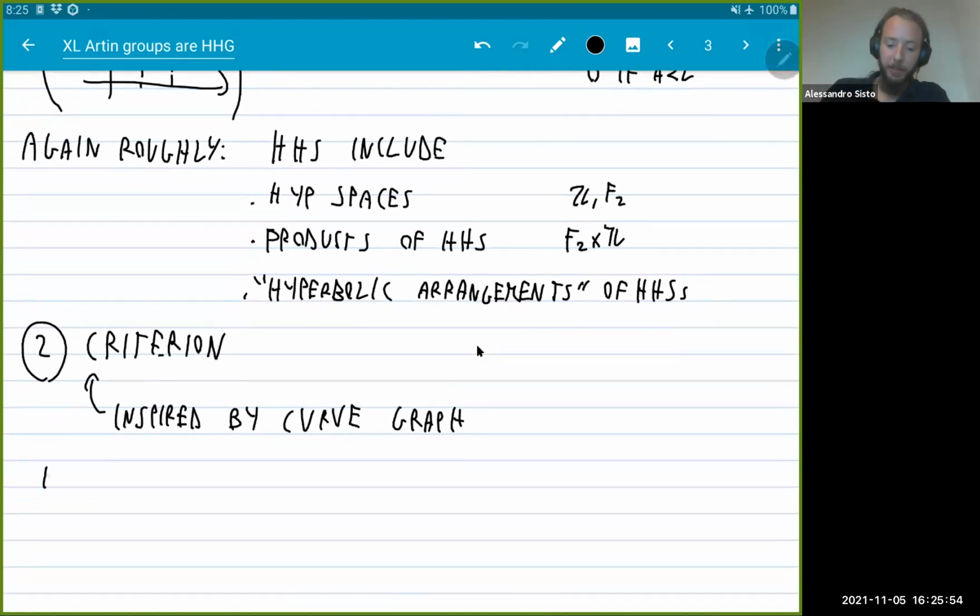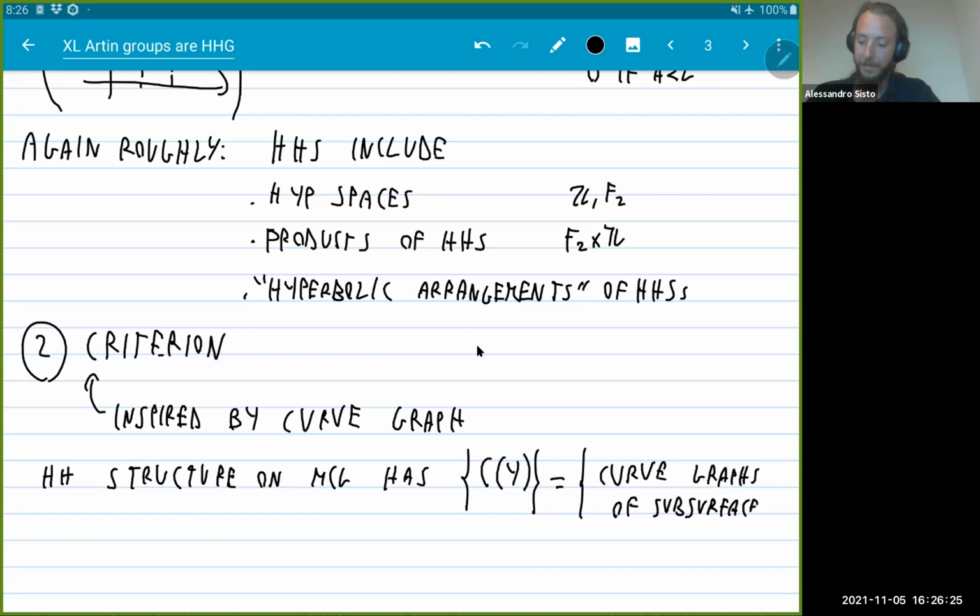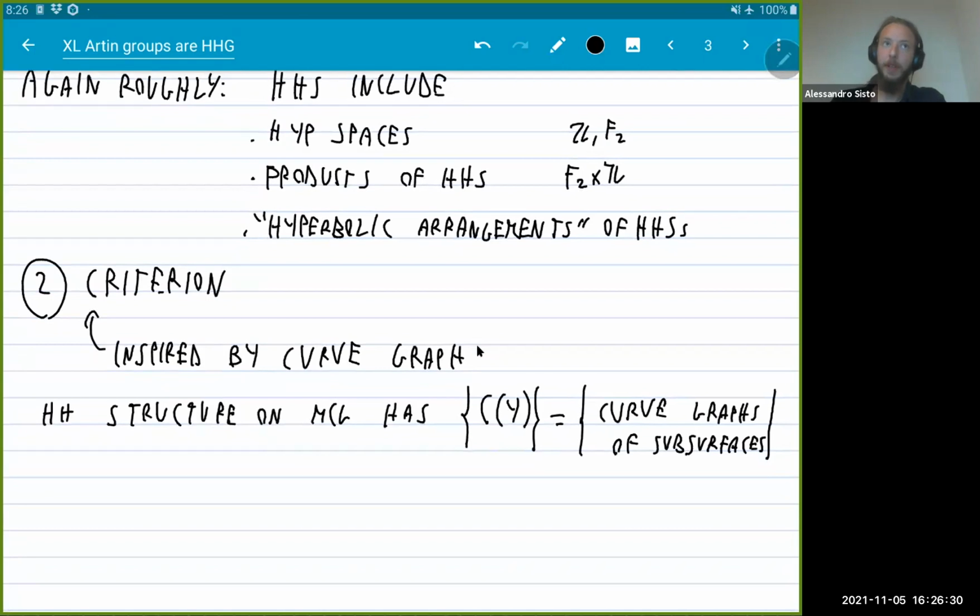So the hierarchical hyperbolic structure on mapping class groups: what are the hyperbolic spaces in that case? They're curve graphs of subsurfaces of your given surface.